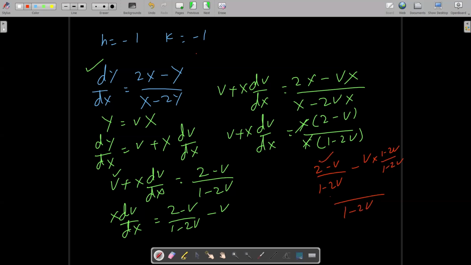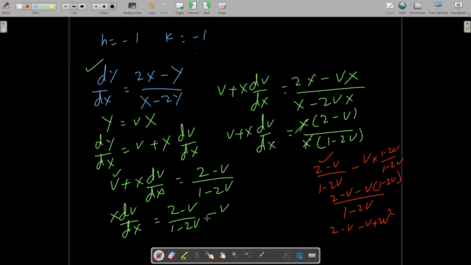On the top, it will be 2 minus v times 1 minus 2v, right? And after simplifying the top, it will be 2 minus v and plus 2v square, so 2v square minus 2v plus 2. Yes, it is.